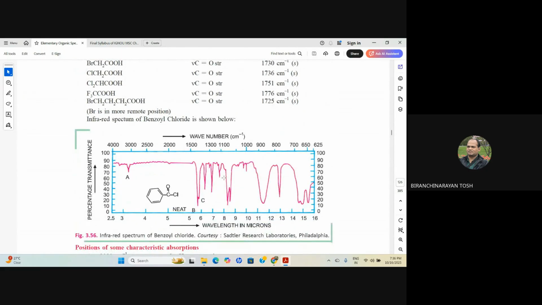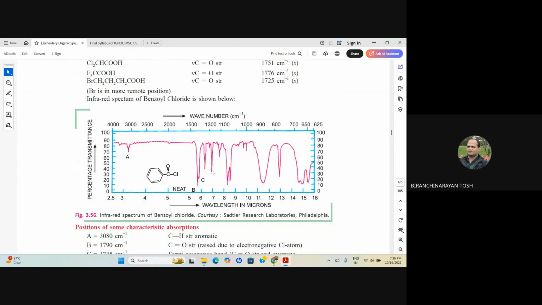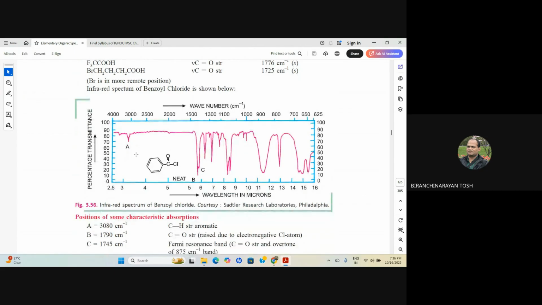So this is for benzoyl chloride. You can see this A, which should be at 2900, shifted to 3080. That is for CH deformation in the aromatic ring. And for CO stretching, as chlorine is attached, it is at 1790.